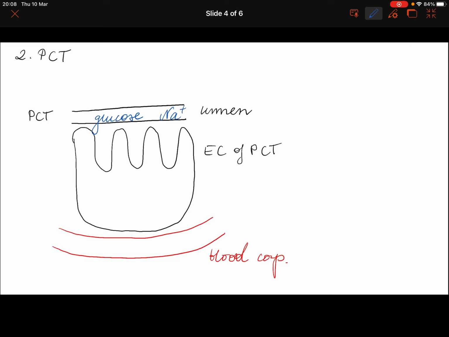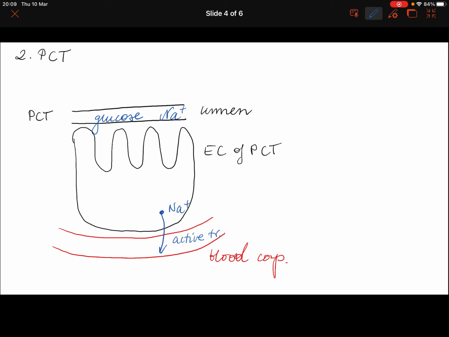You want to reabsorb it back. So how is this done? Within the epithelial cell of the proximal convoluted tube, we've got sodium ions. Sodium ions are actively transported from the epithelial cell into the blood capillary against the concentration gradient.